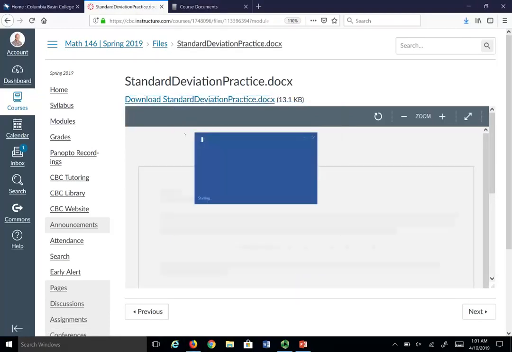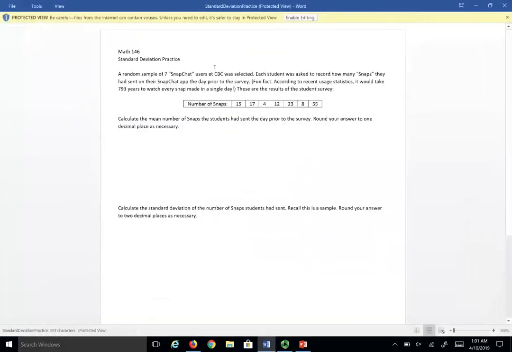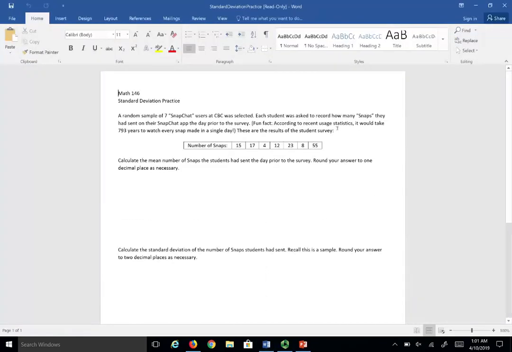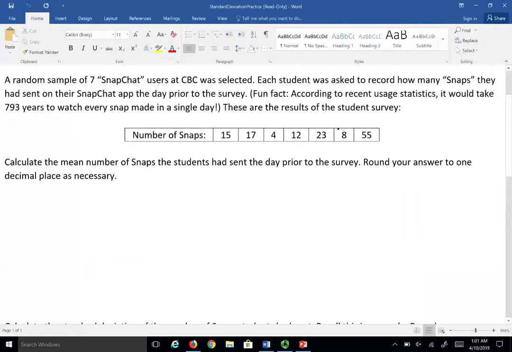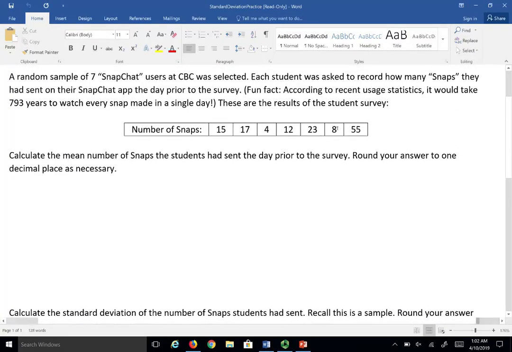If you know how to use your calculator to do this, then you can go ahead and go. Or if you want to do it with the formula, you can do that too. This is just the practice worksheet I have on there. The answers are also online, so you can look at the answers later. But anyway, stick around and learn how to use your calculator if you want.